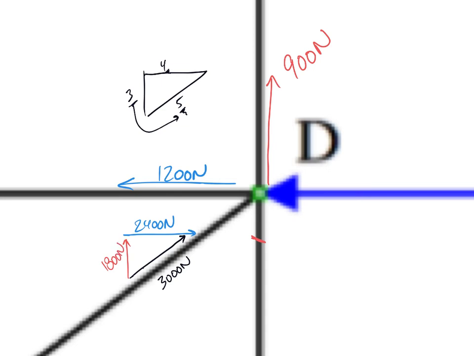Okay, so now I've got 1800 up, I've got 900 up, and this is the only way that I can balance it. So I'm going to balance that with a 2700 down in red, right? Assuming that this thing will unfreeze so that I can do that. Okay, so this is 2700 newtons in red.